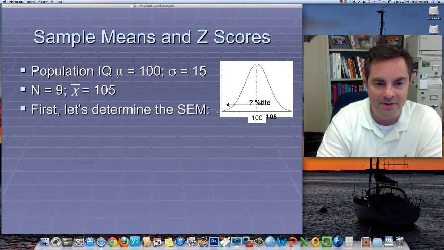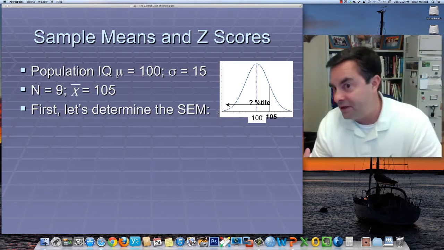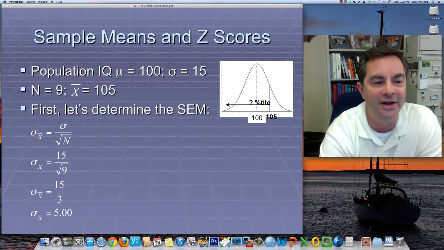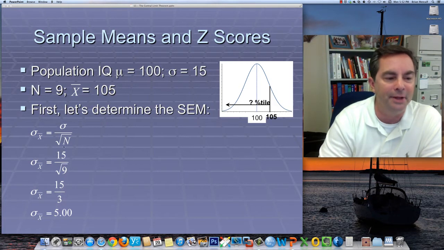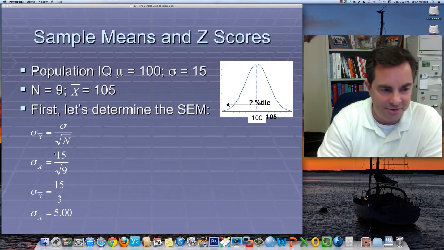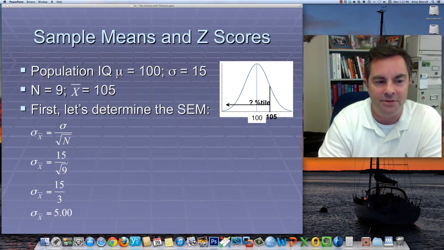So the first step, as you saw, one of the side steps that we have to do is to go get the standard error of the mean. So let's go off to the side and do that. So plug in our formula here. And we know that the population standard deviation is 15, so I've plugged that in upstairs. I'm using a sample size of 9, so I put that under the square root symbol in the denominator.